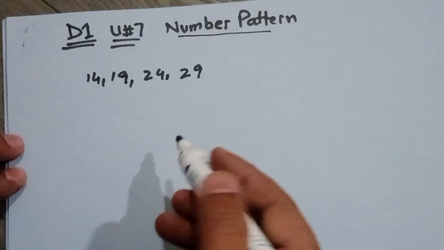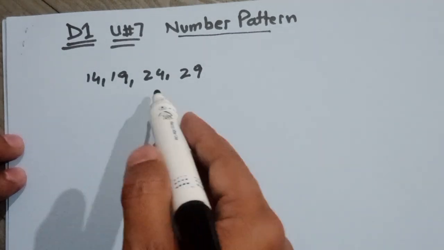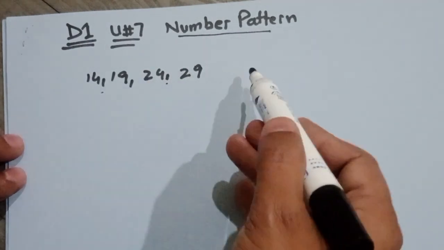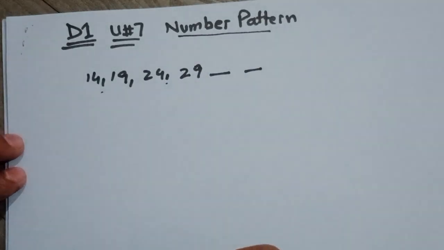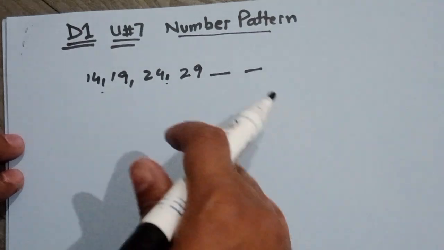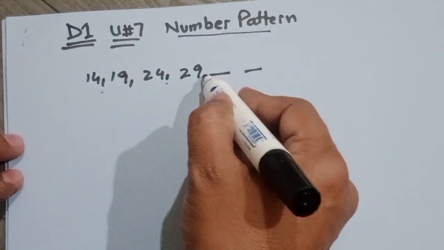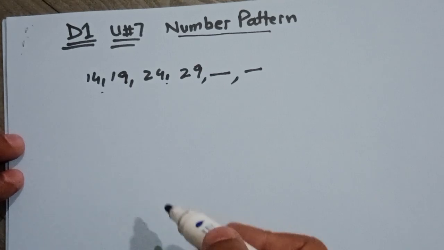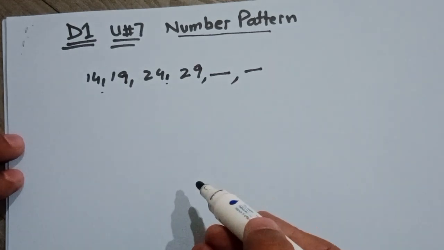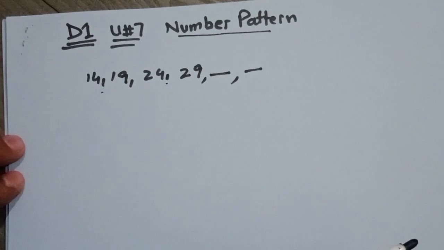If I ask you, you are given these four numbers, how can you find the next numbers, which might be the missing terms? For finding the next terms or the missing terms, we need to identify the difference between these numbers, or the pattern among these numbers.